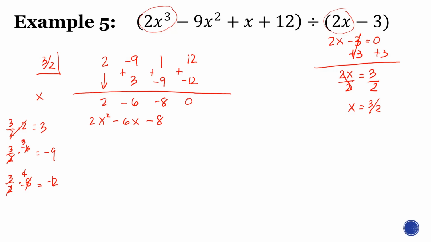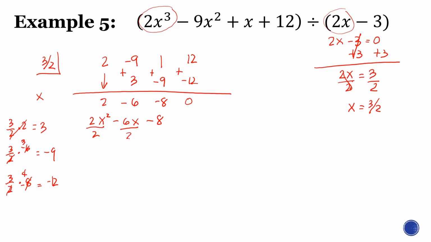Okay, so let's go back to what I said earlier. If we divide 2x cubed by 2x, the answer should be just x squared, right? But here we have 2x squared. So what's the problem? Well, because we have 2, 6, and 8, they all have a GCF of positive 2, right? So that means we will divide each term by positive 2.